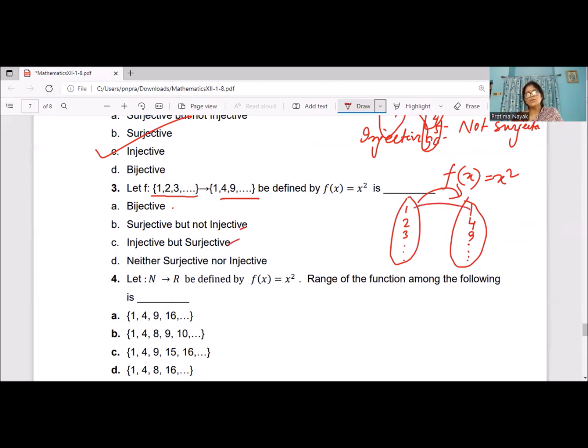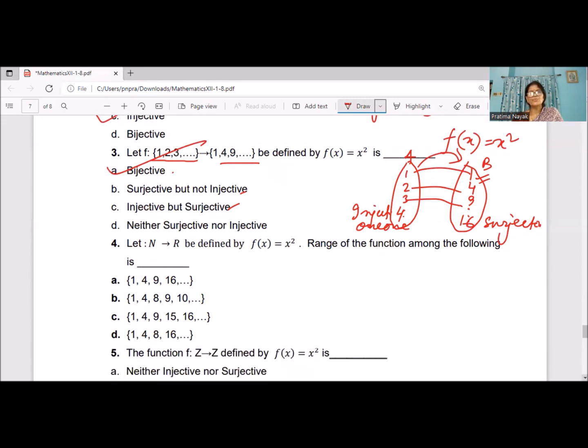So 1 has square 1, 2 has 4, 3 has 9, 4 has 16. That means it is a one-one function, so it is injective. Now coming to surjective, here 2, 3 are not there. All squares are there. So each has a pre-image in your set A. So it will be a surjective function. No element is left which is not paired. Each is paired. So it will be a bijective function. Coming to 4.